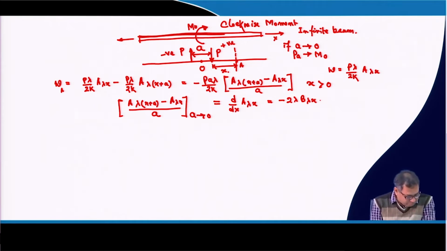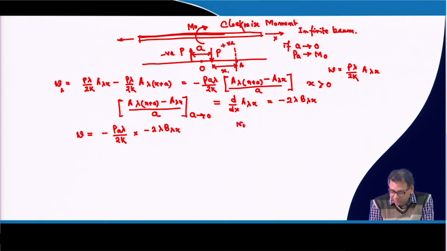So finally, I can write that w at any point, because initially I had taken one point, now it is any point, will be equal to minus P a lambda divided by 2k into minus 2 lambda B lambda x.